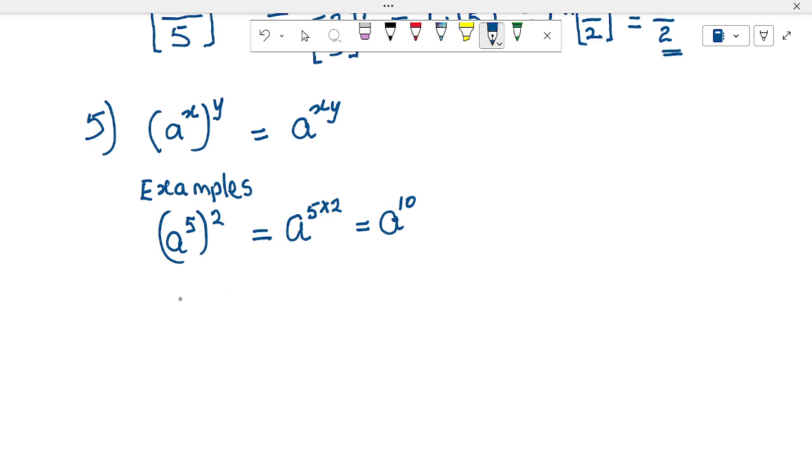Very basic. Another example: take for instance x raised to power 2 altogether raised to power 4. Did I hear you say it becomes x raised to power 2 times 4? Good, which will ultimately be x raised to power 8. Very correct.